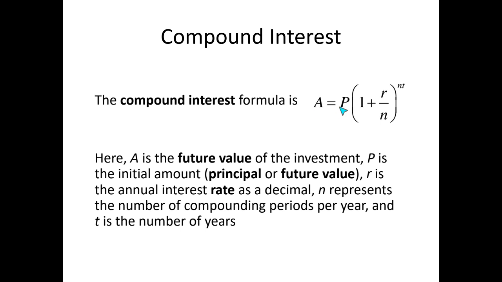P is how much you're starting with. r represents your rate in decimal form. n is how the interest is going to be compounded, and the choices for n are compounded monthly, quarterly, yearly, daily, or semi-annually. I'll talk about those here in a second. And t represents your time.